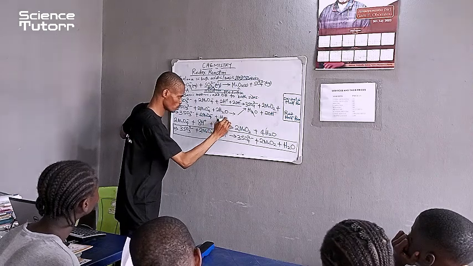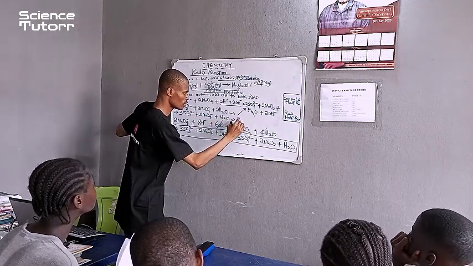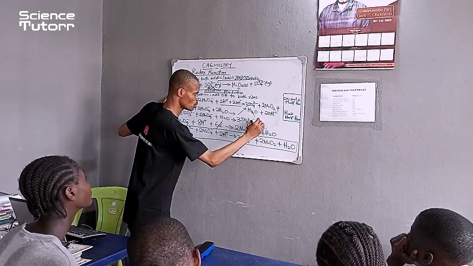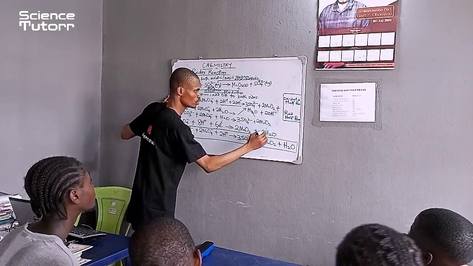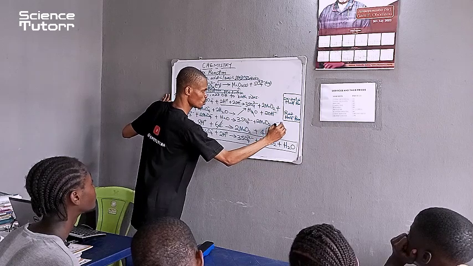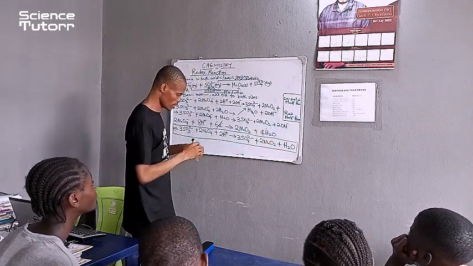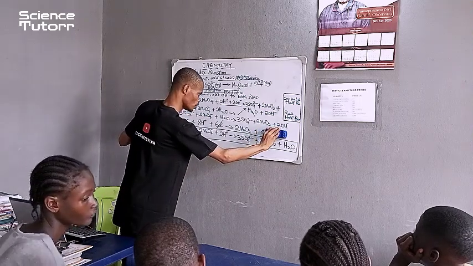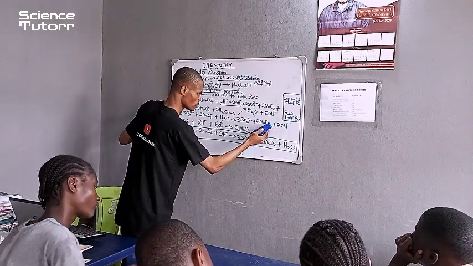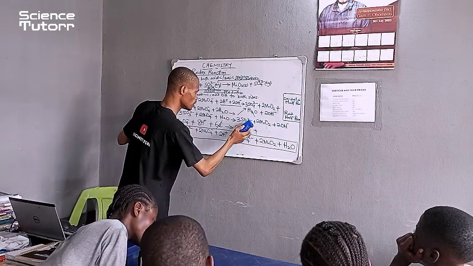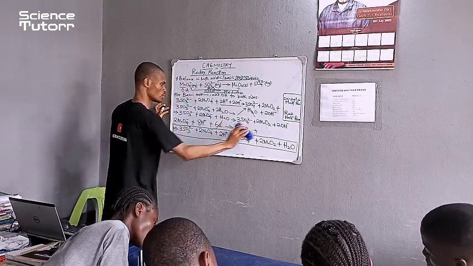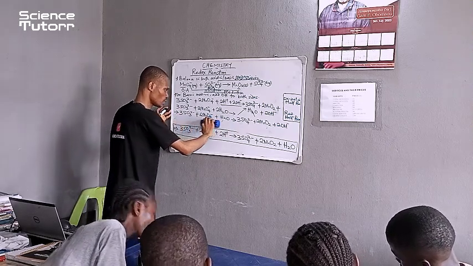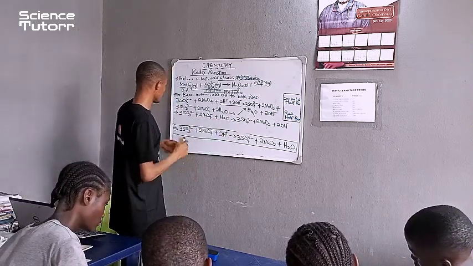Plus H2O, giving us 3SO4 2 minus plus 2MnO2 plus 2OH minus. Stop here. Don't forget to also indicate the states of which they are. Aqueous, solid, aqueous, liquid, aqueous. So always indicate it. So with this we have solved question 2.